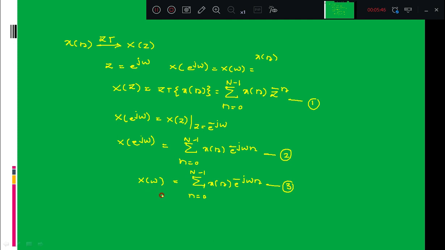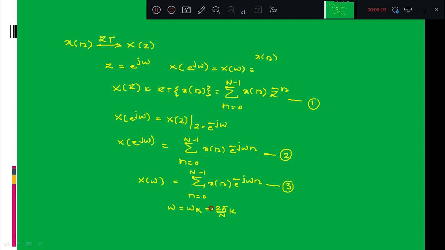As we discussed in the previous class, in order to get the discrete frequency samples, we have to go for the appropriate sampling over the continuous frequency omega. So now let us sample this continuous frequency into a discrete set of frequencies by omega equal to omega k, where omega k is nothing but 2 pi divided by N into k.